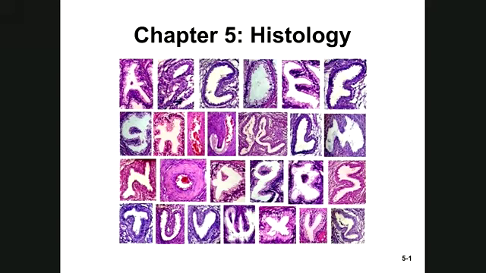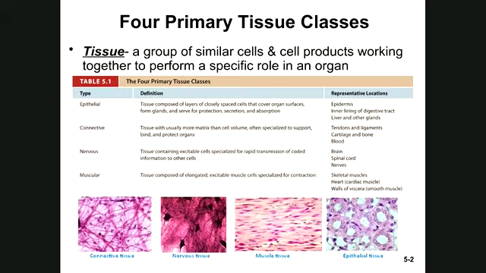Histological images are viewed using various types of microscopes, which provide different levels of detail for each tissue. In the human body and in animals, we have 4 different types of tissues. As you see here, we have epithelial tissue, connective tissue, nervous tissue, and muscular tissue.